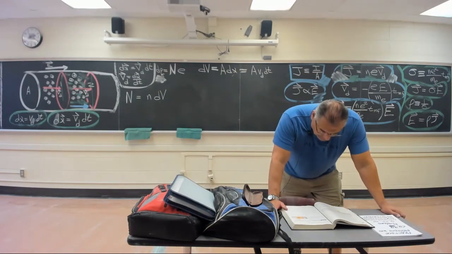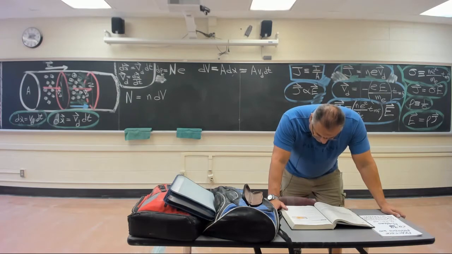So we got it down to there. Find the number of particles that pass through cross-section 1 in the time interval dt by substituting, and they talk about certain things here.